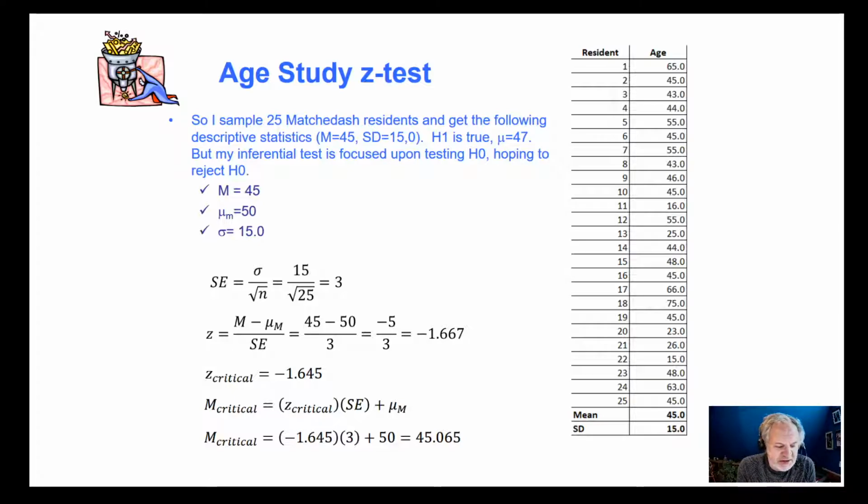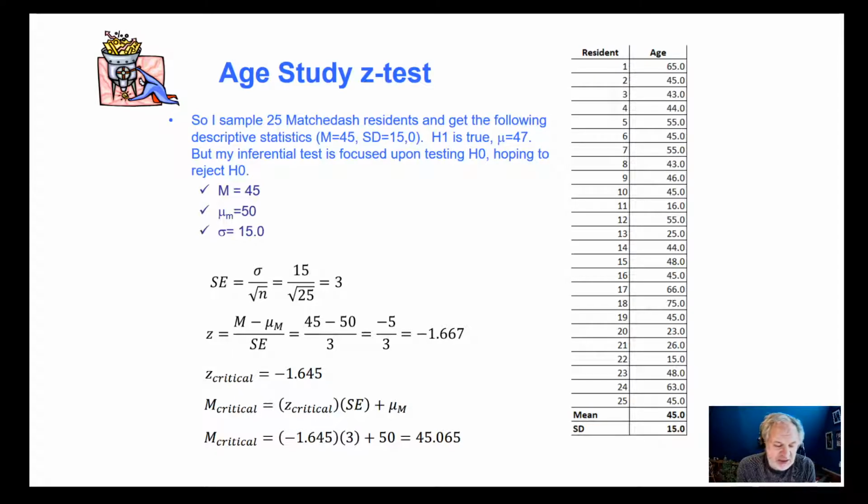I can use my z-critical and work it based on my m-critical, right? And figure, well, how much lower than 50 does the mean age for my sample need to be for me to reject the null? And that cutoff is 45.065.